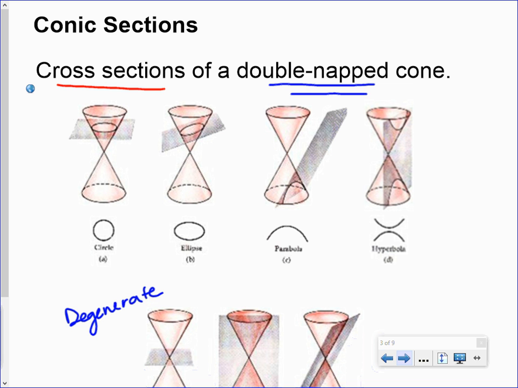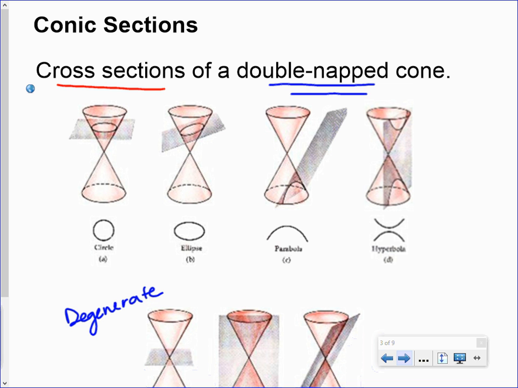Right, to the base. That other P word. It must be parallel to the base. But here, if we have an upright cone, yeah, definitely horizontal. But it's got to be parallel to the base. And if you were to get closer to the base, your circle would have a larger radius, be larger. And if you get closer to the vertex of one of the cones, then the circle gets smaller.